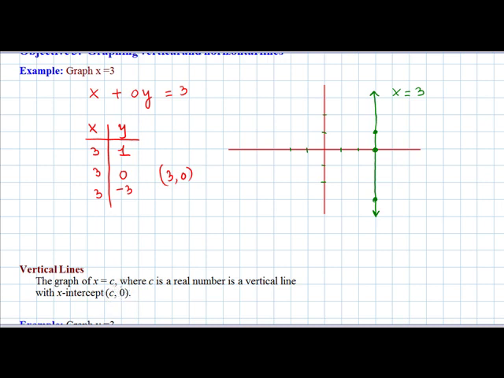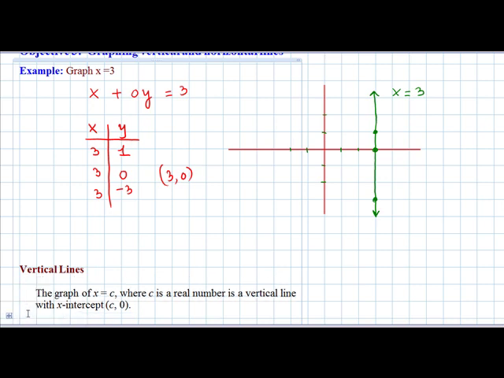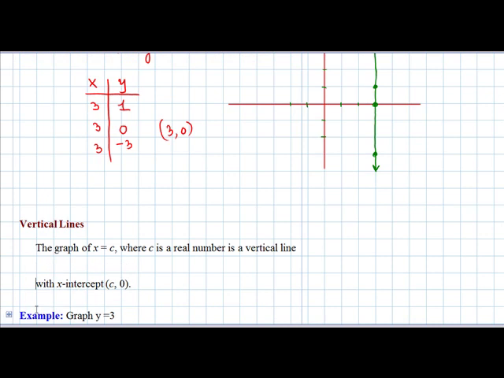So what I mean by this is, every time you have an equation x equals c, c can be anything.